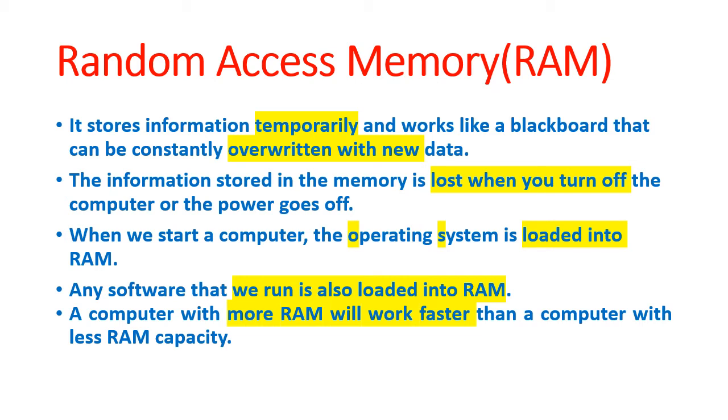When we start a computer, the necessary files of your operating system are loaded into this RAM. Whenever you run application software, the software is first loaded into the RAM. If a computer has more RAM, then it will be able to work faster than a computer with less RAM capacity.